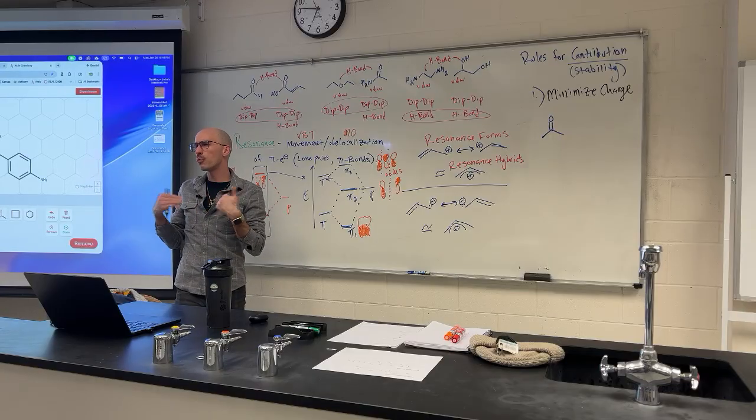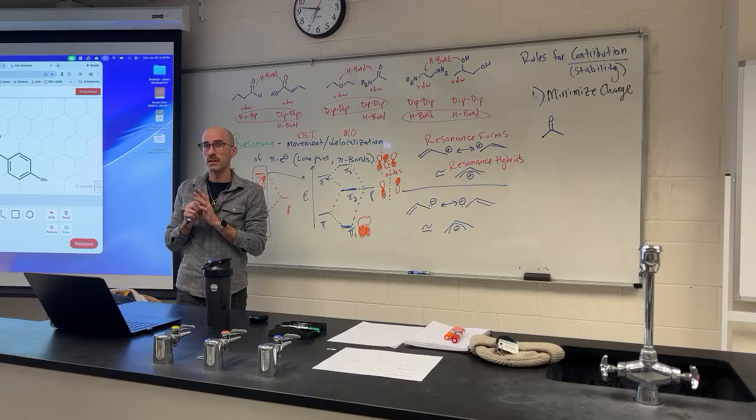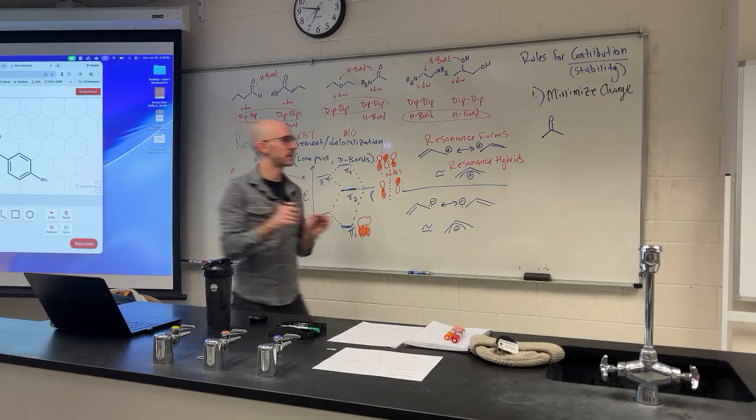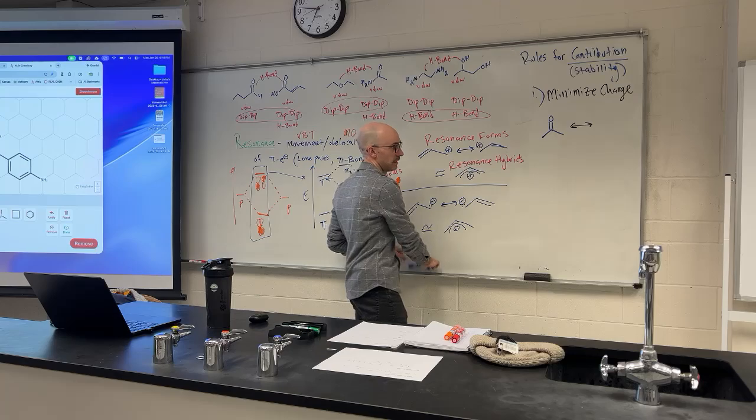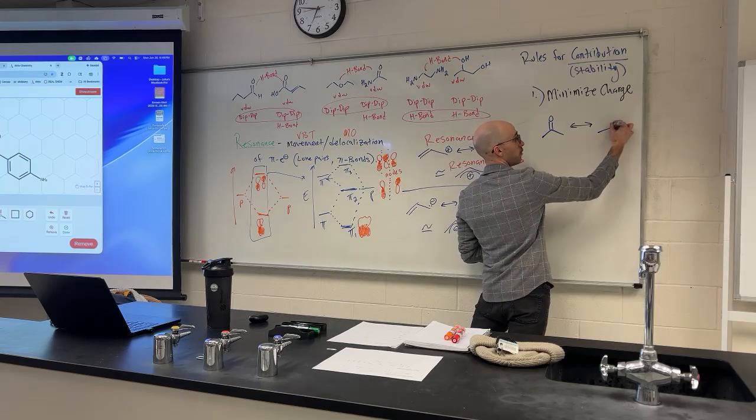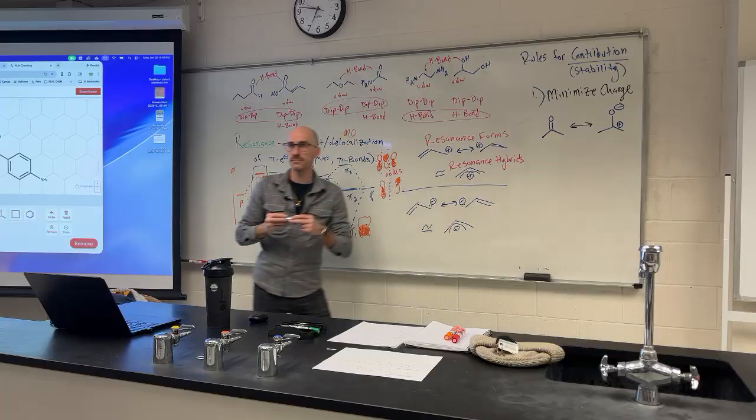Oxygen owns the electrons of the pi bond. So if the pi electrons are going to move, they're going to move how oxygen decides. Oxygen is more electronegative. So oxygen wants the electrons. So the other resonance form possible here is when the pi bond moves towards the oxygen and away from the carbon.